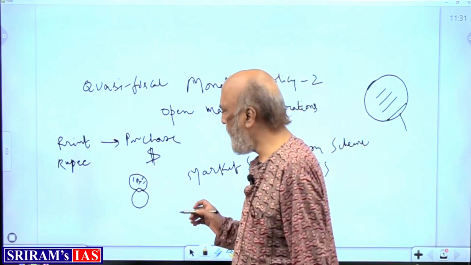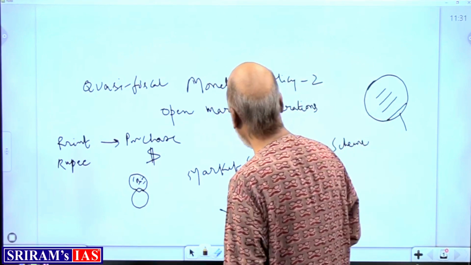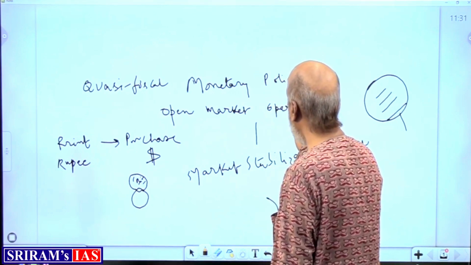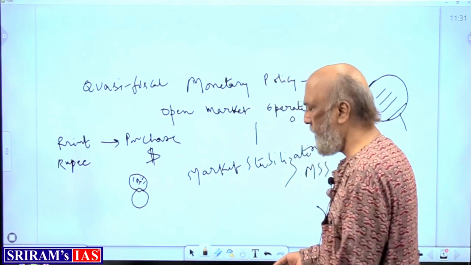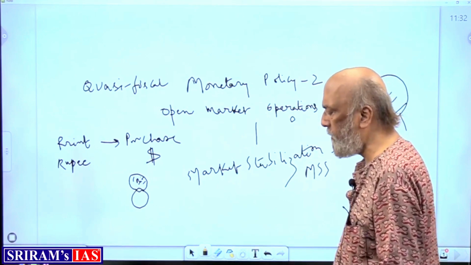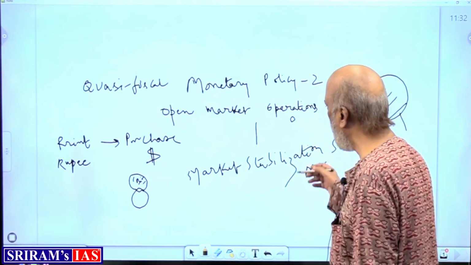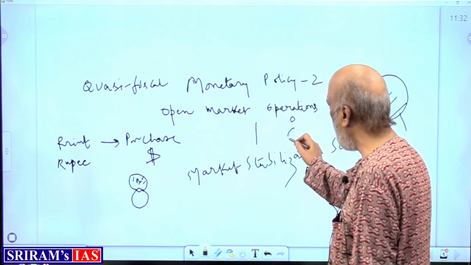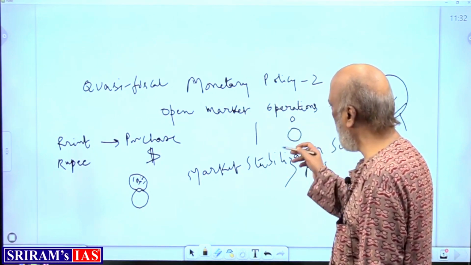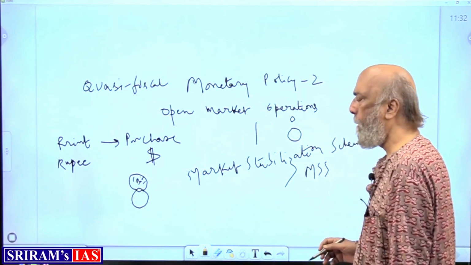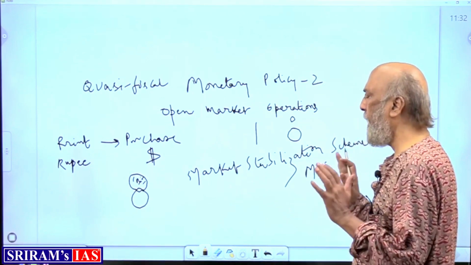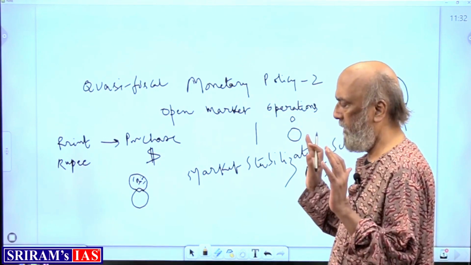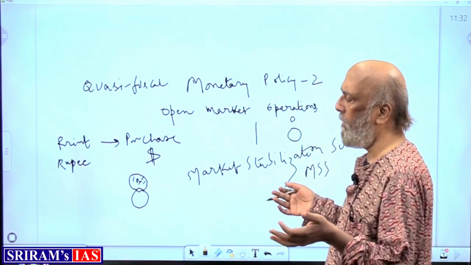And what's the difference between open market operation and market stabilization? Open market operation you do on an ongoing basis. This is the kind of cash it takes. This is the amount of securities you are dealing in. Market stabilization, you don't do it all the time. We are talking about it at a time when we are in the shadow of COVID, so it looks normal.